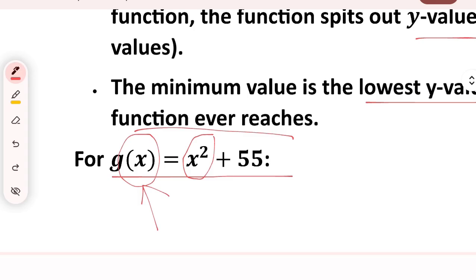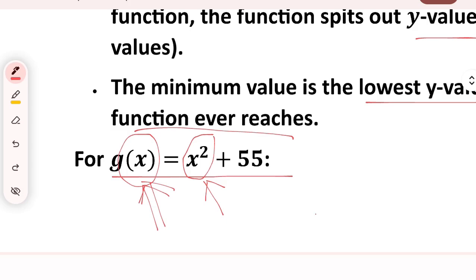That is what the problem wants, that minimum value. So how could you solve for the minimum value of g of x? What should be the value of x such that when I replace it there, it would give me the minimum value of g of x? What do you think?